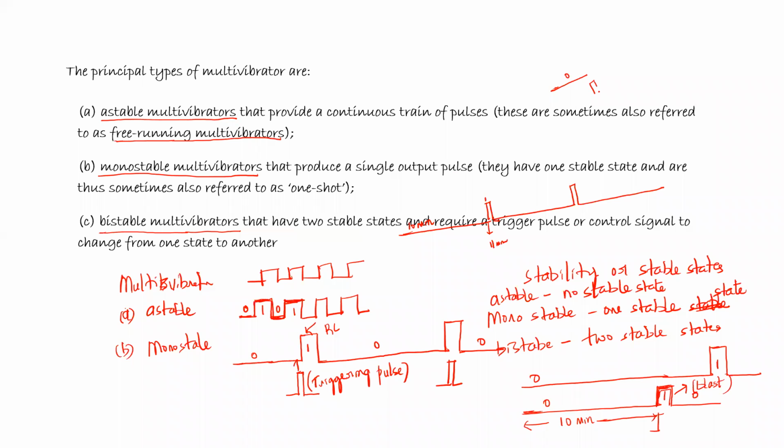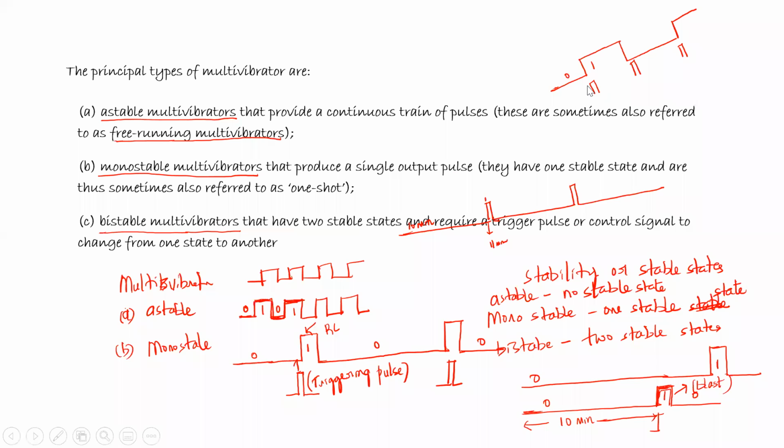When I give a triggering pulse, it will become 1, and there also it is stable. How long is it 1? Till another triggering pulse is applied. Then it becomes 0, and it will stay at 0 till I apply a triggering pulse. It becomes 1, and it will stay there till I apply a triggering pulse.